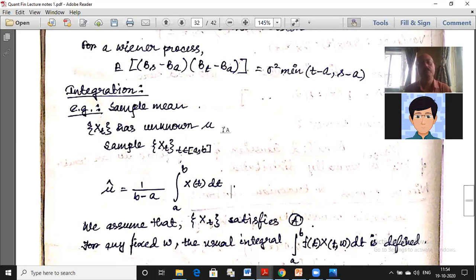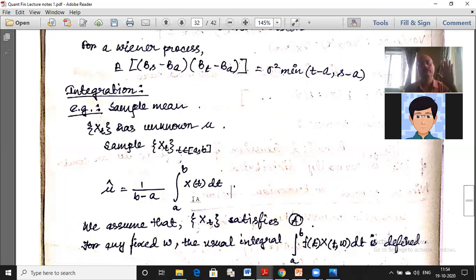So now if I am talking about a continuous parameter stochastic process and I want to do similar statistics, then at least intuitively I would be using some kind of integration to find estimators. So estimation naturally leads to a requirement for an integration for stochastic processes.